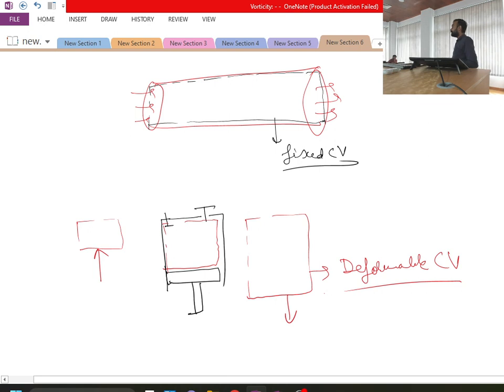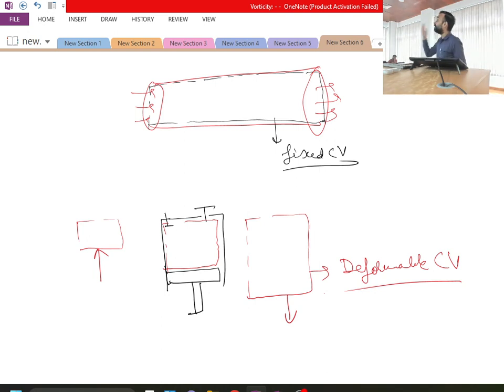Point is clear? And then I can also have a combination of motion and deformation, where I have a moving as well as a deforming control volume. So these are the different situations we will experience while analyzing fluid flow problems.